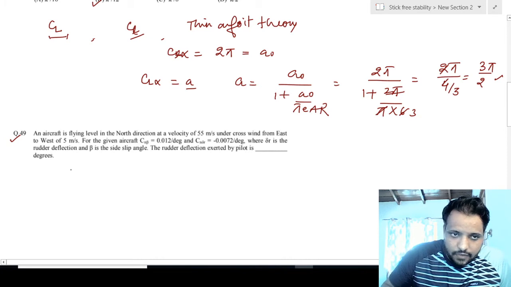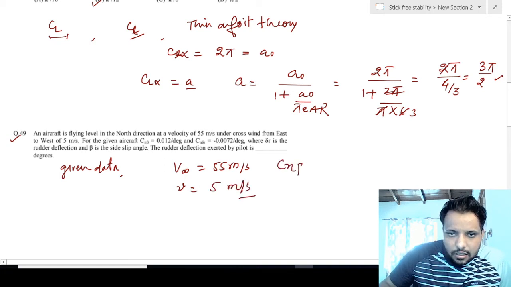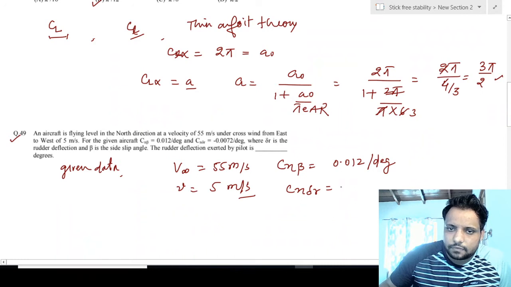So let us write the given data here first. Given data is V infinity is 55 meter per second, and small v, which is the crosswind, is 5 meter per second. Okay, and Cn beta is 0.012 per degree, and Cn delta R is minus 0.0072 per degree.